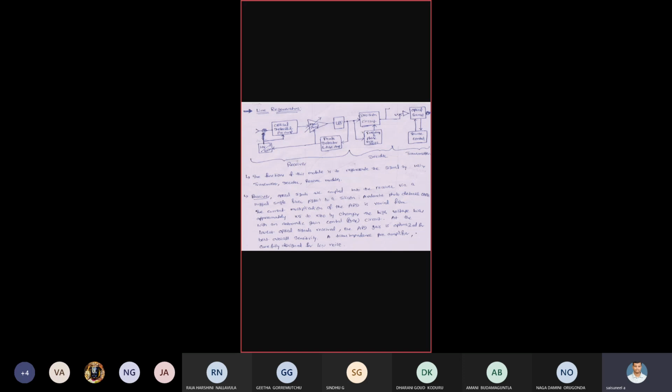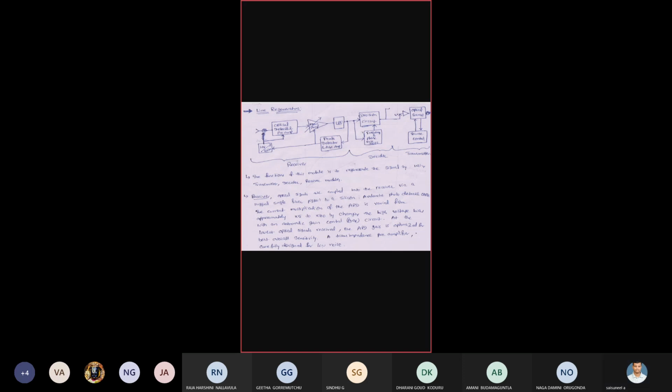Then it is converted again from electrical to optical signal. This is about the line regenerator. First it converts from optical to electrical, then amplifies, decides, and again converts from electrical to optical signal. This is about the line regenerator.